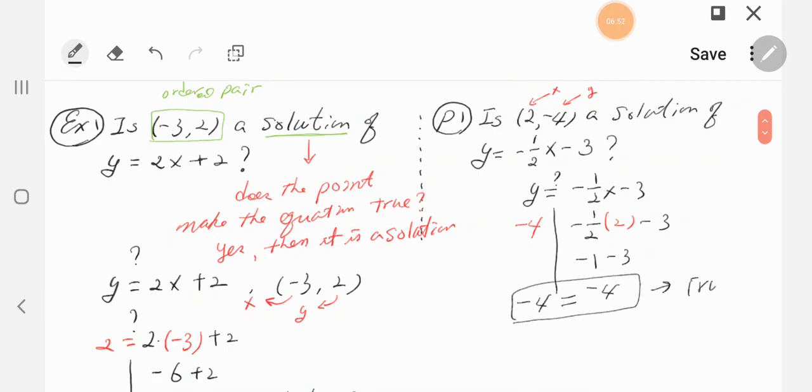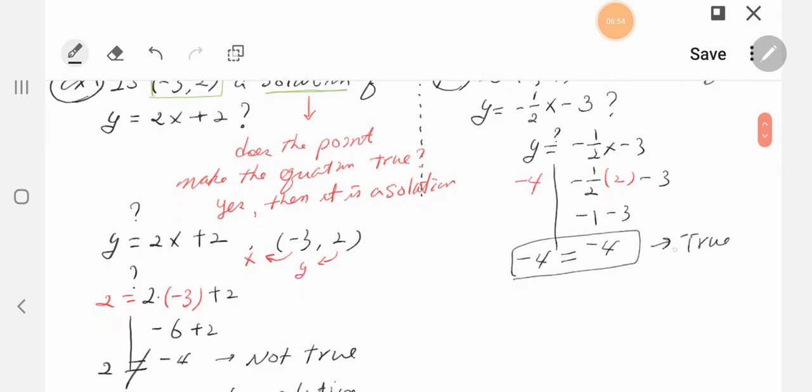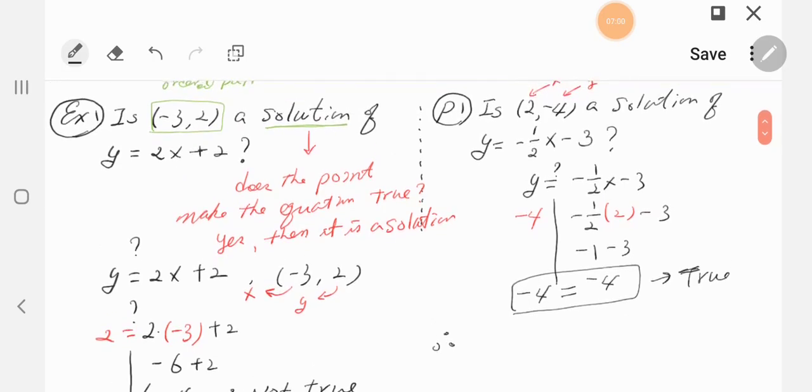True. So we can conclude that the equation is true, so the given point, negative 2 and 4, is a solution. Okay, this is a solution.